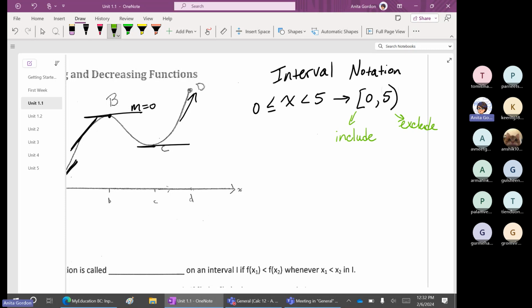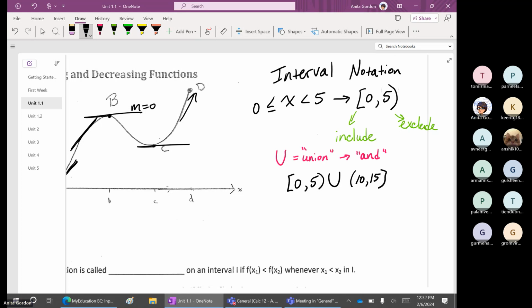Now if you have something that has multiple intervals, we use the U sign, capital U, but without the kickstand, because that's a little u. This technically means union. You want the real math term, or you can just say it means and. So you could have, for example, an interval that says it goes between 0 and 5, and it goes between 10 and 15.